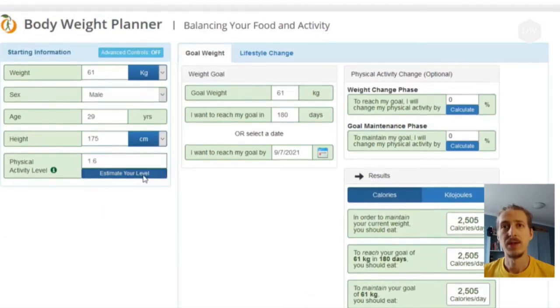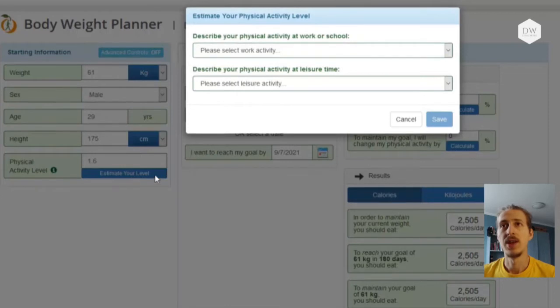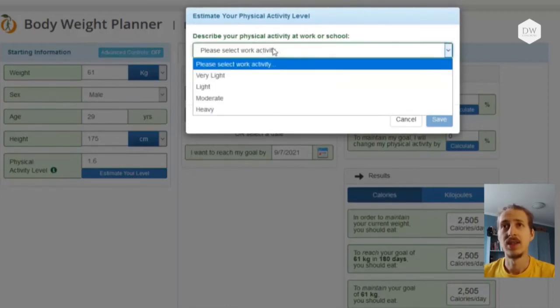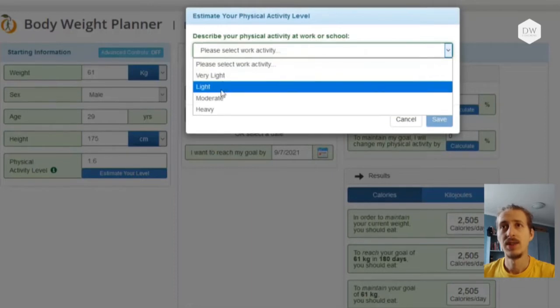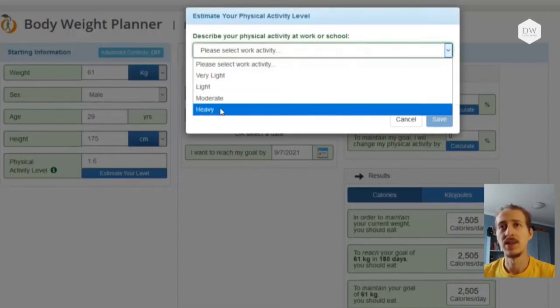So let's see, when you click on this estimate your level, this will help us. And here, when you hold the cursor here, it will show you this tooltip. For example, light industrial work, sales or office work comprises light activities, heavy is heavy industrial work, construction work, or farming.